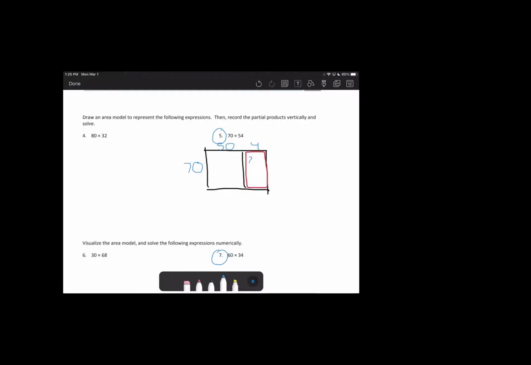Right, I'm going to do 70 times 4. And what does that equal, Trace? 280. Right, 280, because I can cross off my 0 and add it to my answer. And then 7 times 4 is 28.